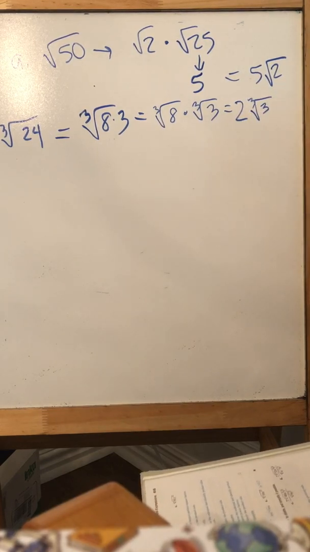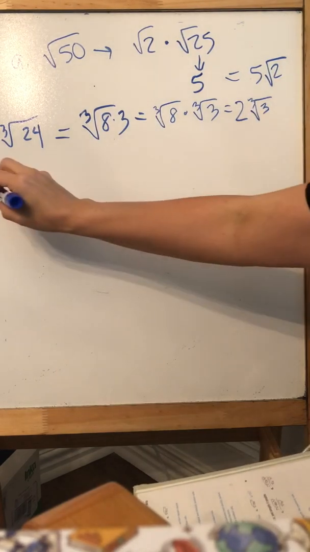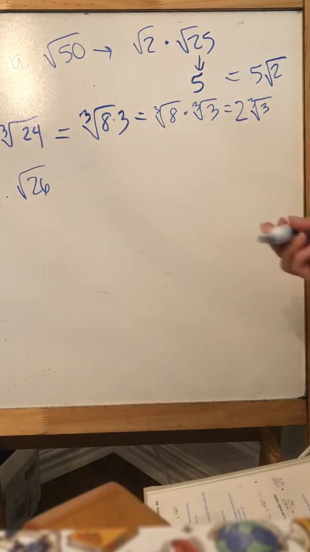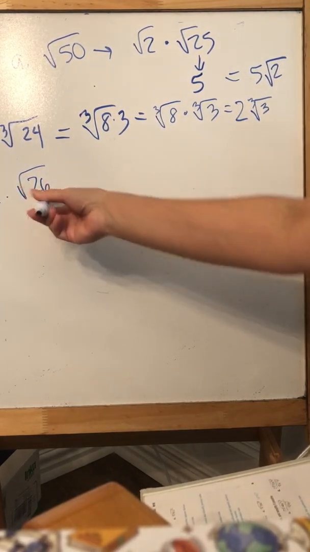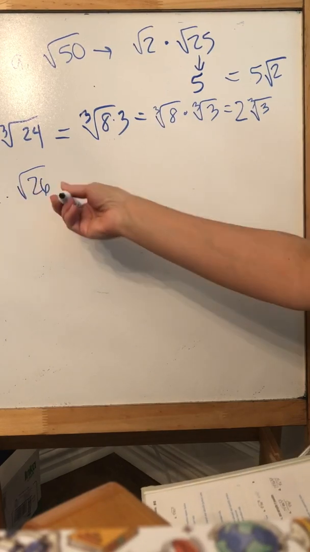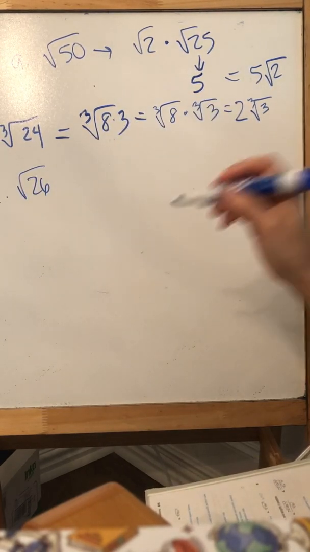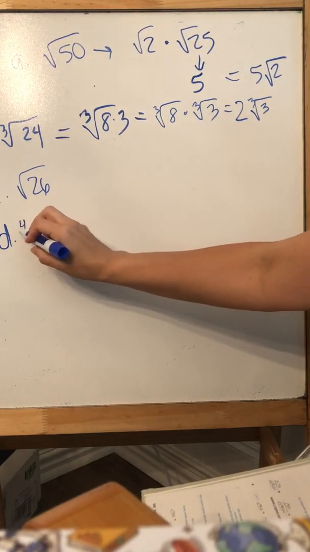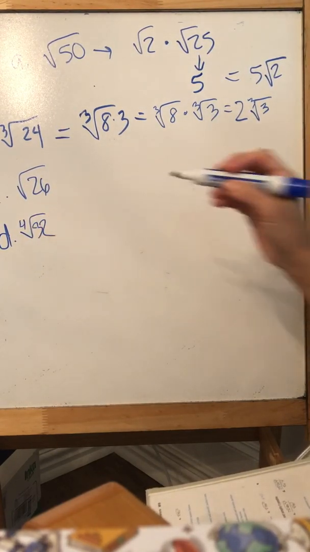All right, C is 26. So for C, we have square root of 26. And this can't be simplified anymore. There's no perfect squares that fit in here. We can't break it down. So that's as low as it goes right there. Okay, so for D, we have the fourth root of 32.